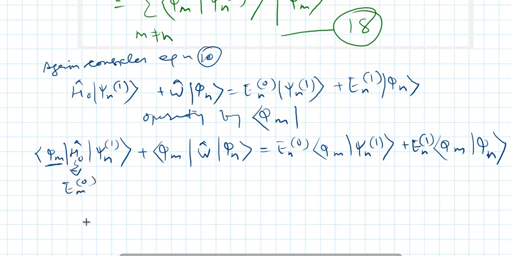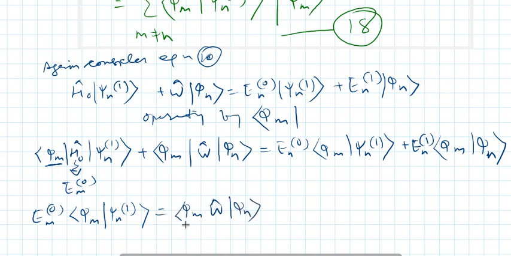So it means it is Em0 phi m psi n1 equal to phi m W phi n.